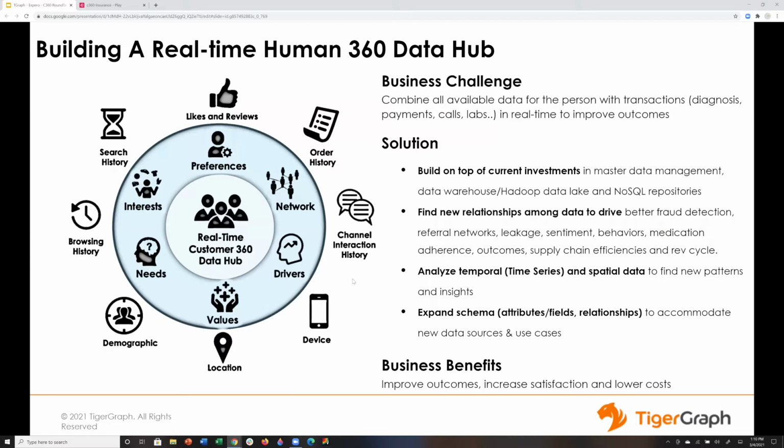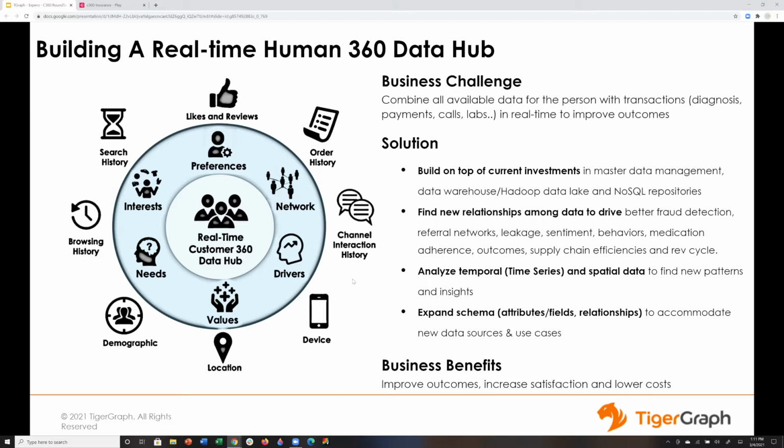Now, as we start to think about all the data sources, all the events, all of the connections, all the APIs we need to integrate with, that can feel overwhelming. But when we start to think about what we can do to build a real-time human 360 data hub, this is how we can actually integrate all the transactions, all the interactions, all the experiences into a unified view, because now we're connecting the dots in the graph.